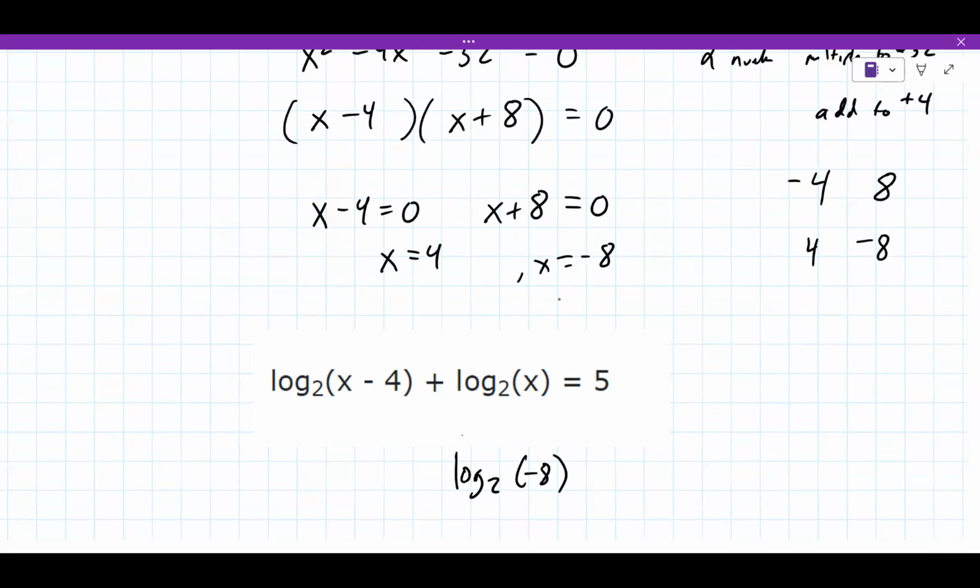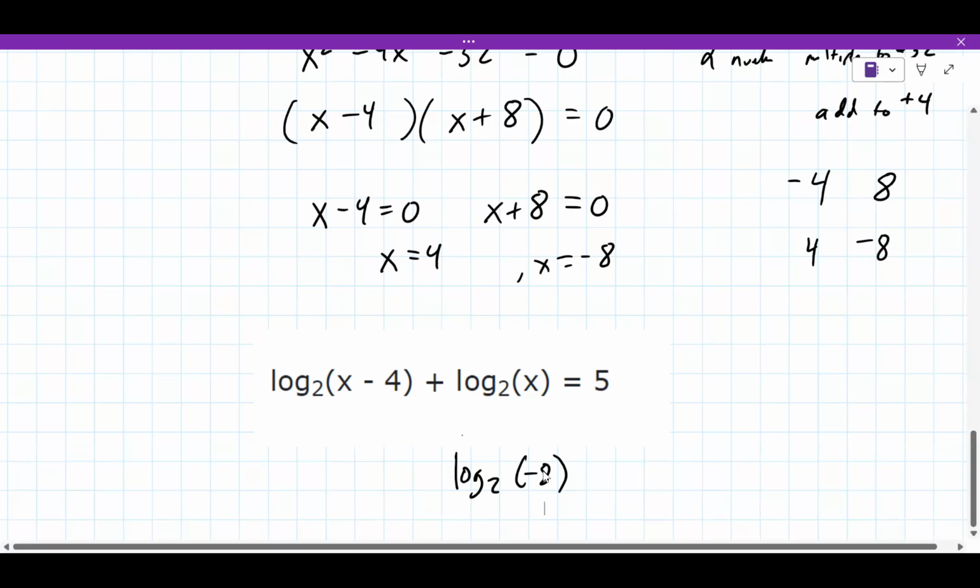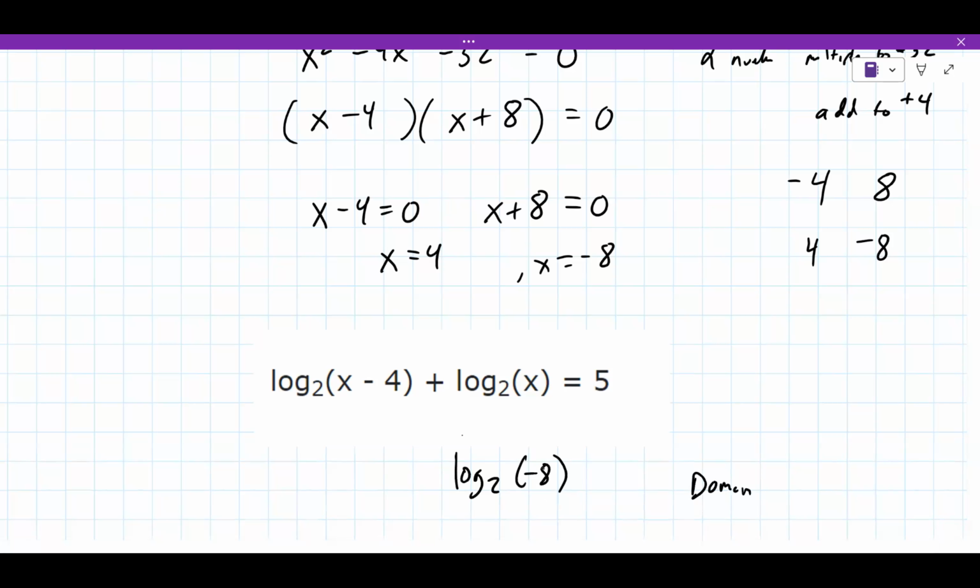I don't know. Is it because it's negative? That's the issue. Well, it's not that the value is negative, it's when you put it into a logarithm that it's an issue, because the domain of the logarithm says it's only from 0 to infinity.